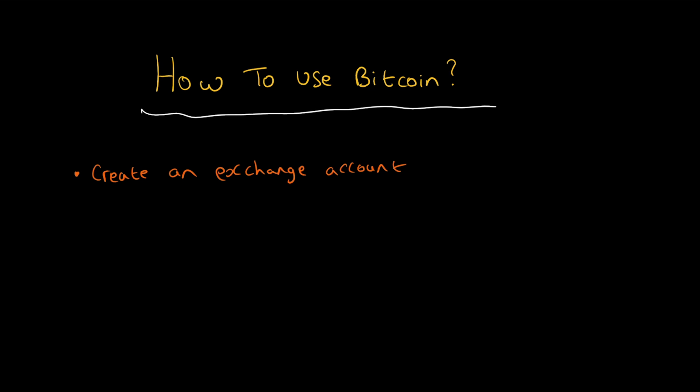There's plenty out there, and it will also act as a wallet as well. Essentially, it'll have wallet-like functionality. It is going to be centralized, so you can alternatively create your own wallet.